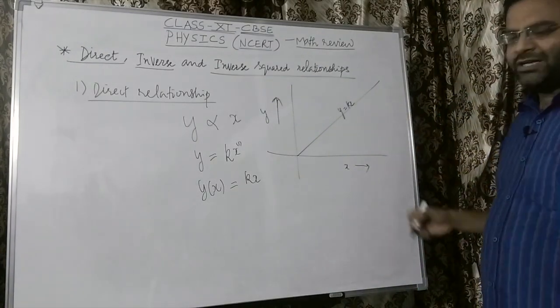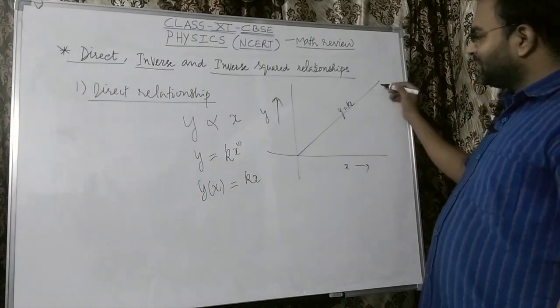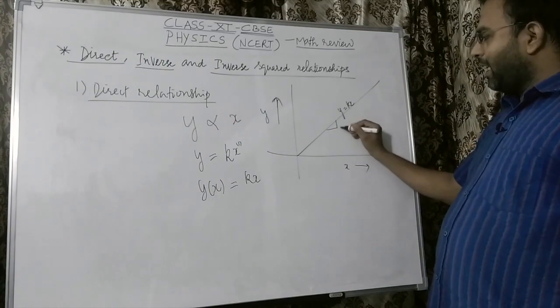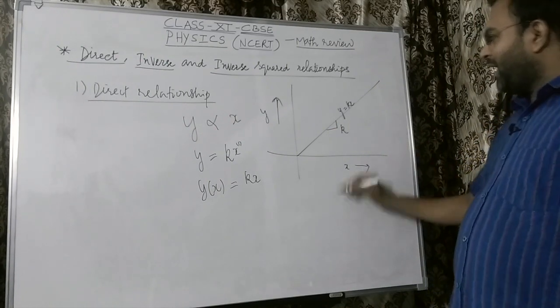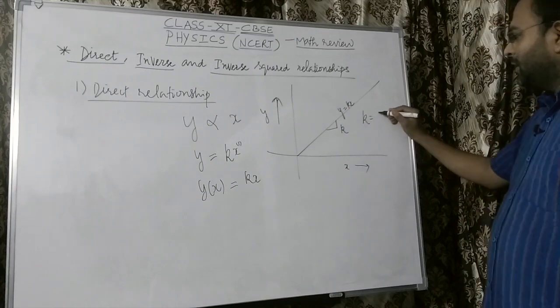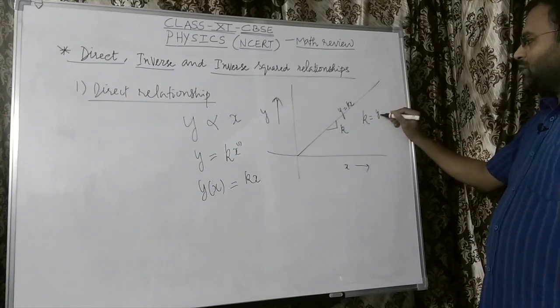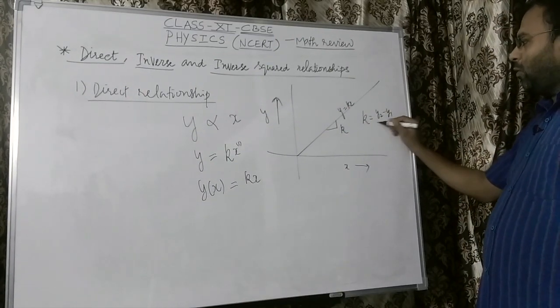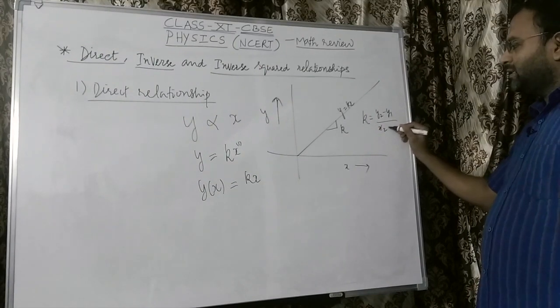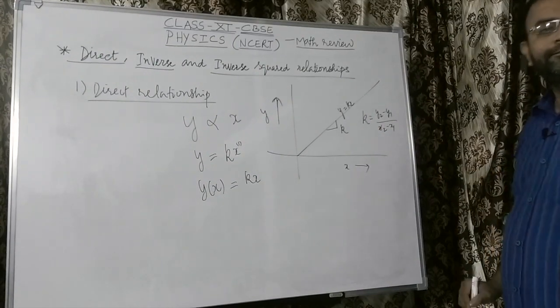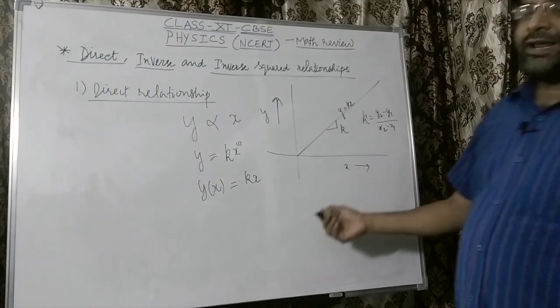Now, this is a direct relationship, and the slope of this straight line is k, and the slope k is given by the expression y2 minus y1 over x2 minus x1. Right, so this is a direct relationship.